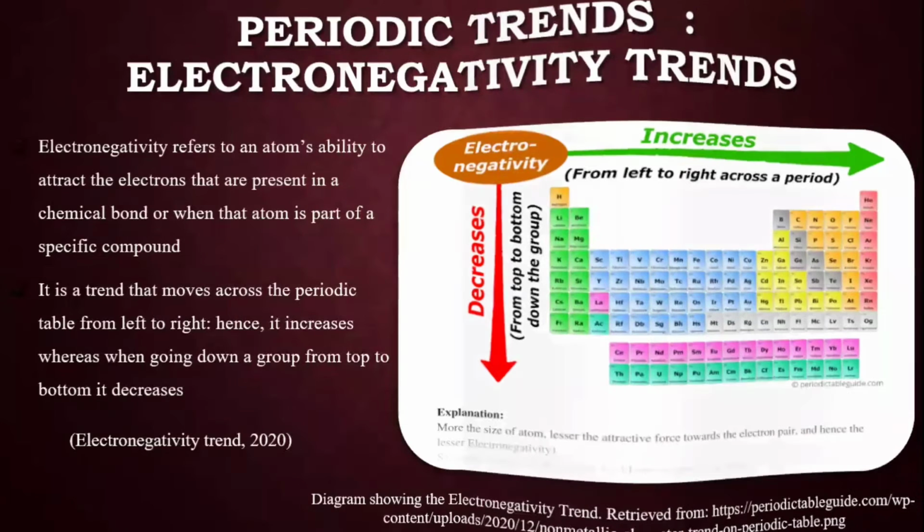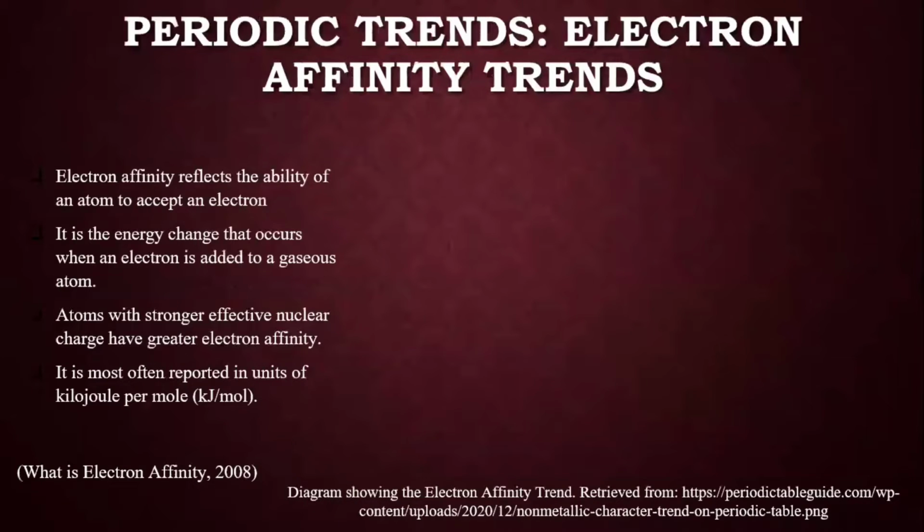Next slide. Electron affinity trends. Electron affinity reflects the ability of an atom to accept an electron. It is the energy change that occurs when an electron is added to a gaseous atom.